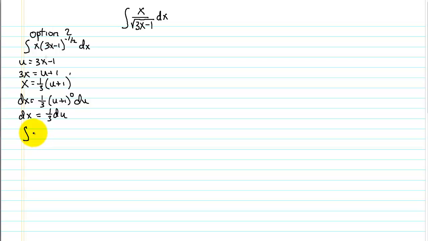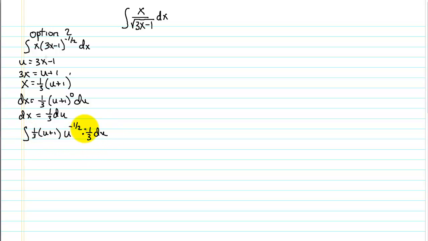So x is being replaced by 1/3 times (u plus 1), and for the 3x minus 1, that's u, so we have u to the negative 1/2 power. And dx is being replaced by 1/3 du.